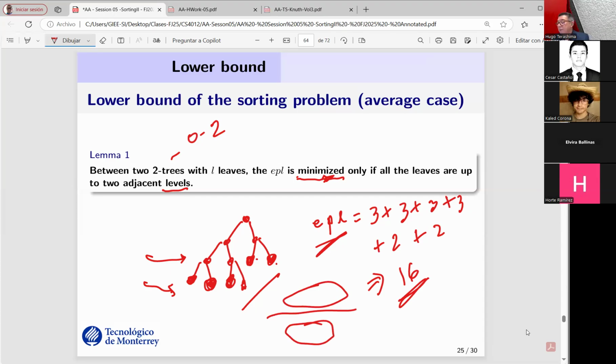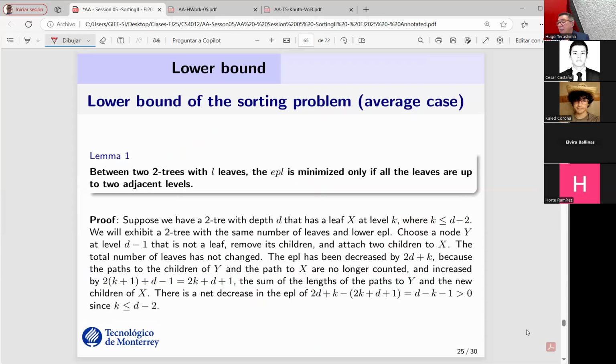This is a lemma that is true, and there's a demonstration there. I don't want you to go into all the details, but the demonstration meets this lemma in particular.